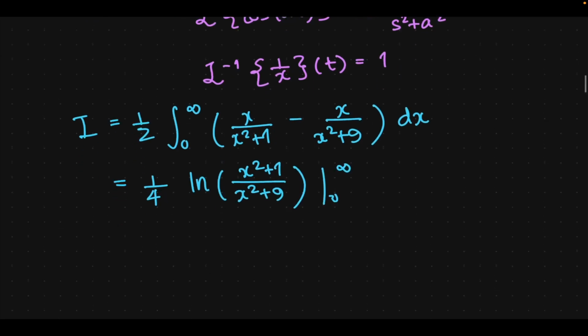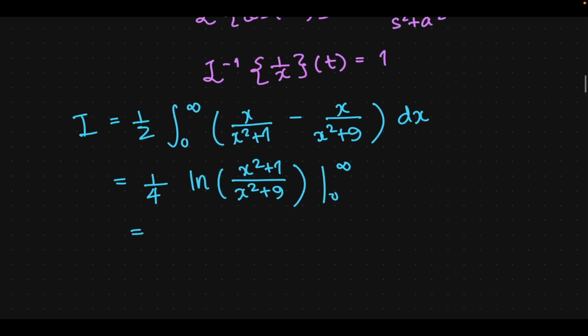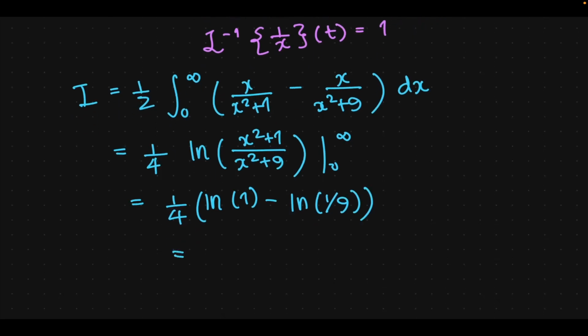Now at infinity, we have 1, and at 0, we have 1/9. So we can simplify all this. 1/9, we can absorb the minus, get a natural log of 9. So 1/2 natural log of 9, which is 2 times natural log of 3.